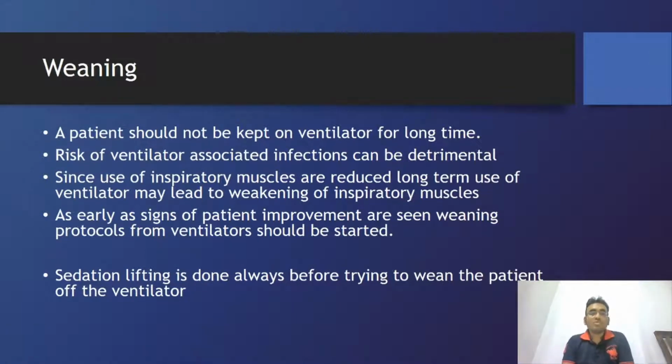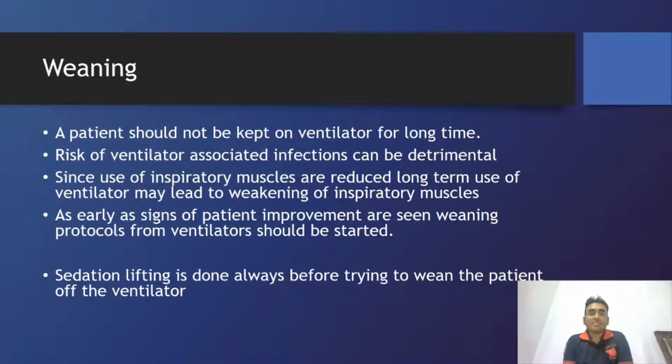When you do this for a long time, they start getting weak, and it becomes difficult to take the patient off the ventilator. That is why it is always said that at the earliest sign of improvement, you should start using weaning protocols, because you don't want the patient on a ventilator for a very long time.